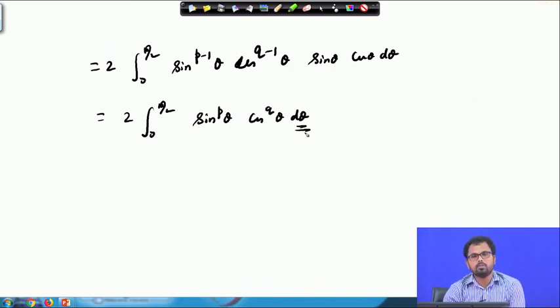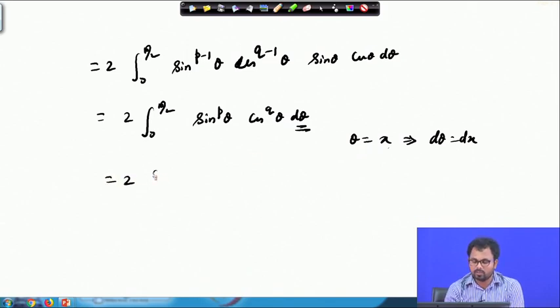Since theta is just a variable, if I substitute theta equals z or theta equals x, it does not matter what I substitute. The value of x will be the value of theta, so when theta is 0, x is 0, when theta is pi by 2, x is pi by 2, and d theta equals dx. So, everything will remain the same, and we can do that mainly because theta is just a variable here.